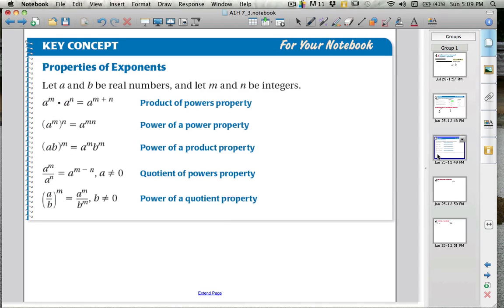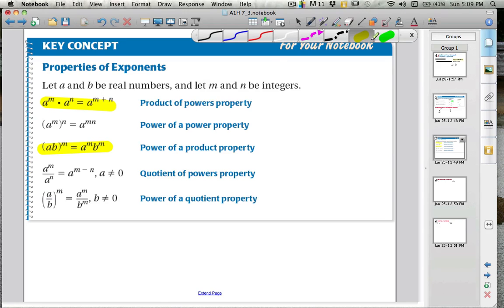Continuing on, properties of exponents. We've already been through these. These are the product properties, which we went through in 7.1. If I multiply items with the same base, I add the exponents. And if I'm multiplying items with different bases but the same exponent, I can actually combine the bases.